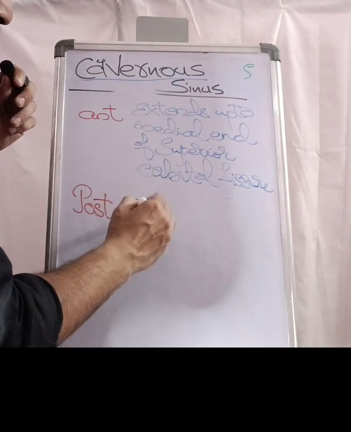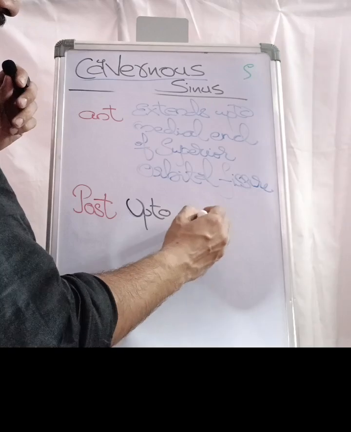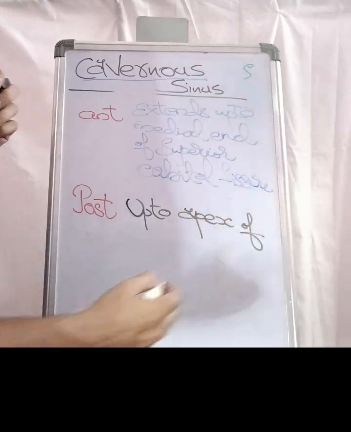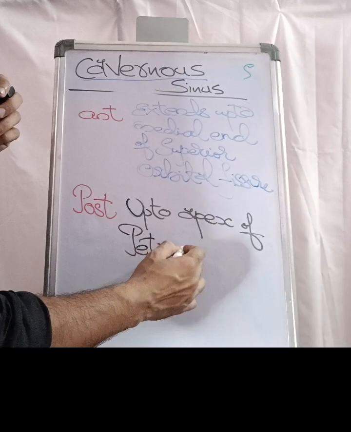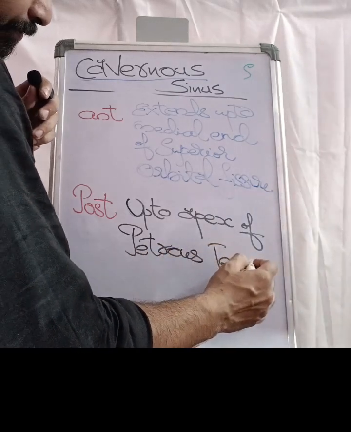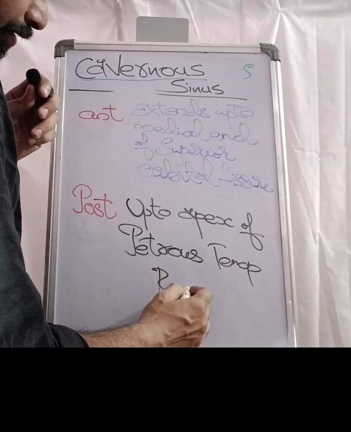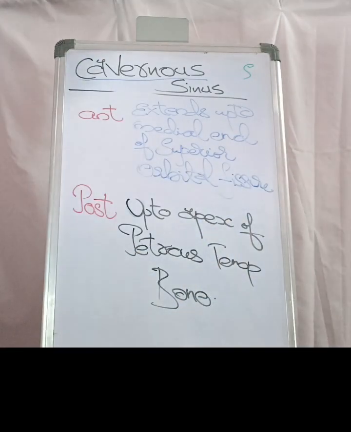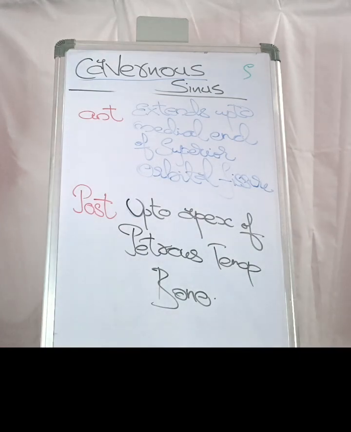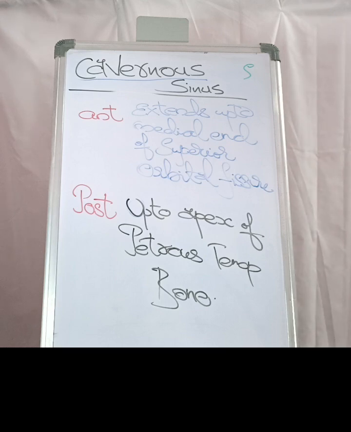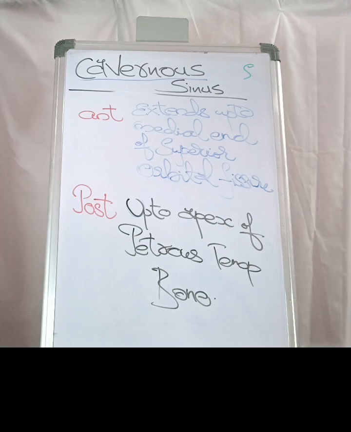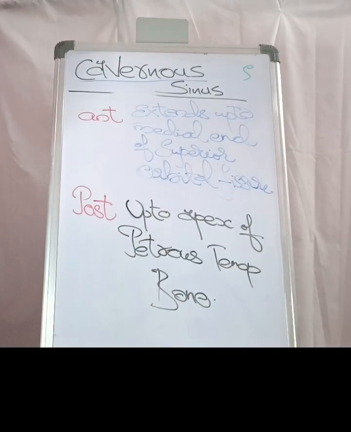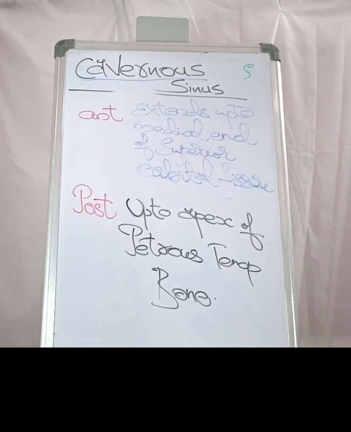See, the cavernous sinus anteriorly extends up to medial end of superior orbital fissure and posteriorly up to apex of petrous temporal bone. Okay. So these are the anterior and posterior extents of the cavernous sinus.